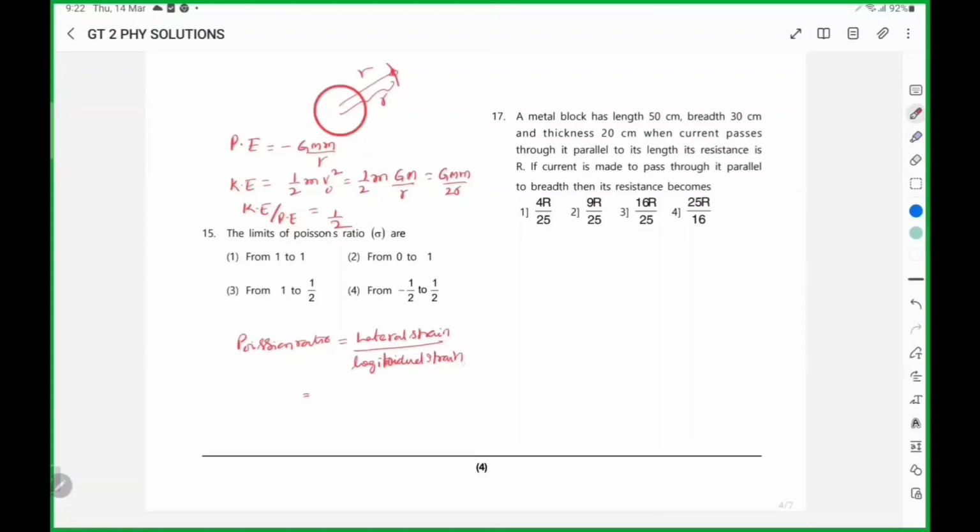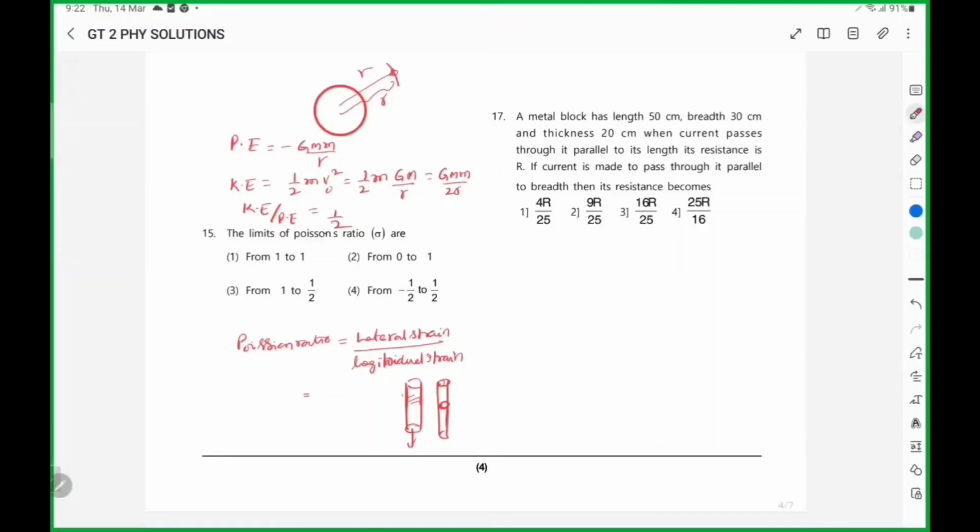So here there are two different possibilities. So any wire, once you stretch it, its length increases as well as cross-sectional area decreases.